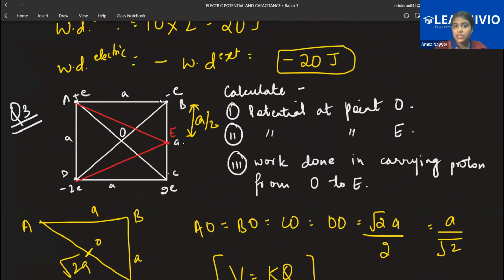Charge is minus E divided by A by 2. What is the charge here? 2E. What is the separation? This also is A by 2. What about point D? K minus 2E divided by A root 5 by 2.